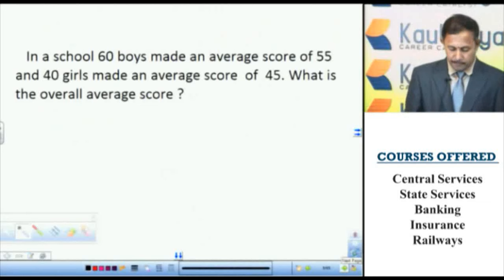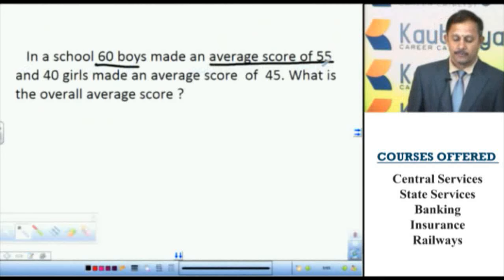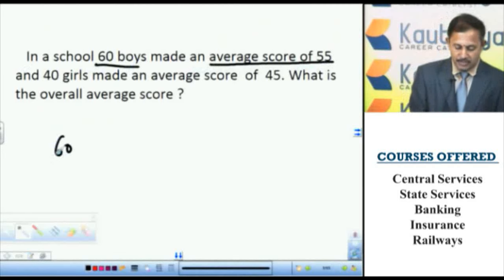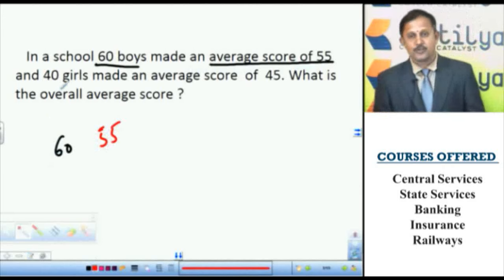The first one: in a school, 60 boys made an average score of 55. There are 60 boys and they made an average score of 55, right? Next, there are 40 girls, and they made an average score of 45.